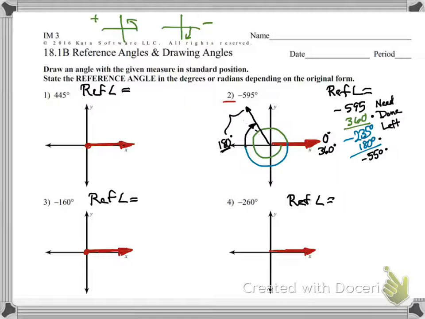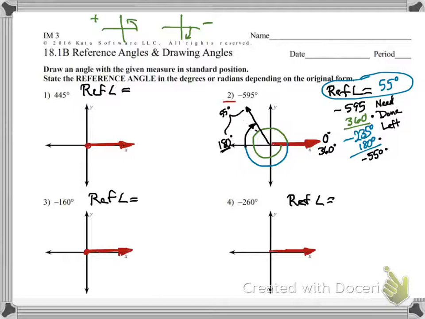And we already said we did the green 360, the blue 180 and 55 more. 55 degrees more. So my reference angle, 55 degrees. And it doesn't matter if it's up or down from the x-axis. Reference angle is always a positive answer.